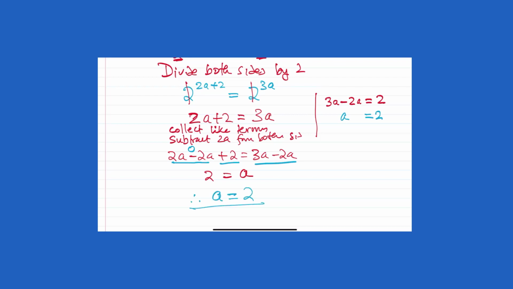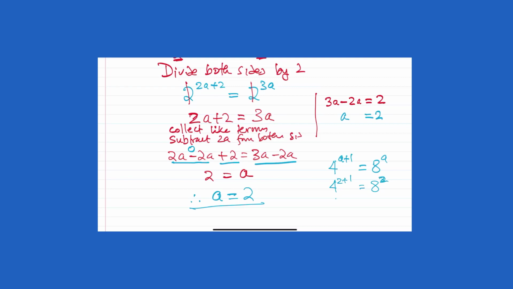And don't forget, you want to self-check to make sure that what we did is correct. So I can quickly do that here. We have 4 to the power of a plus 1 and 8 to the power of a. So let's solve it. We have 4 to the power of 2 plus 1, and that is 8 to the power of 2.